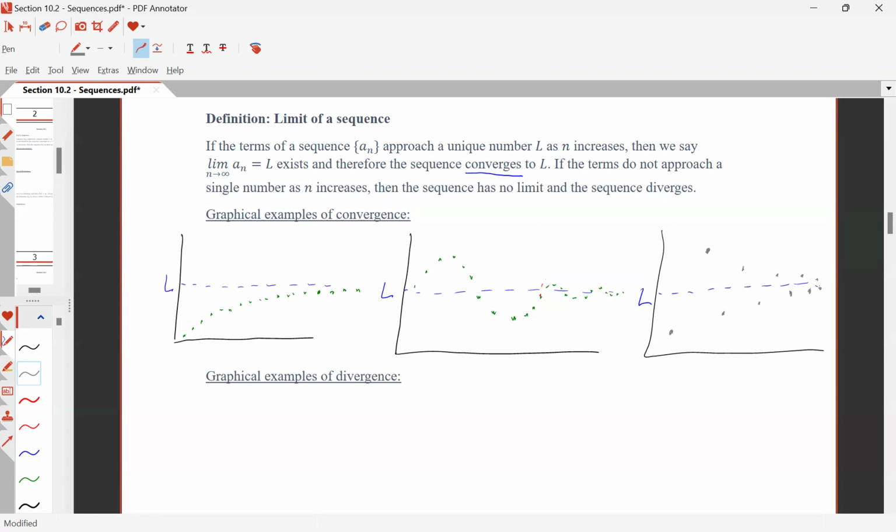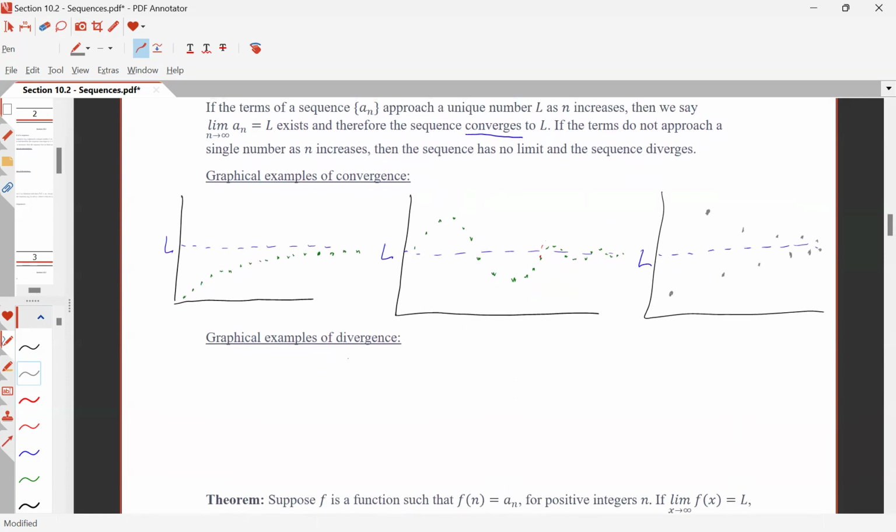Now, some examples of divergence. One, we can think of divergence similar to how we thought of divergence with a function. It just goes off to infinity. Or maybe it doesn't go off to infinity, but it never settles at one value.